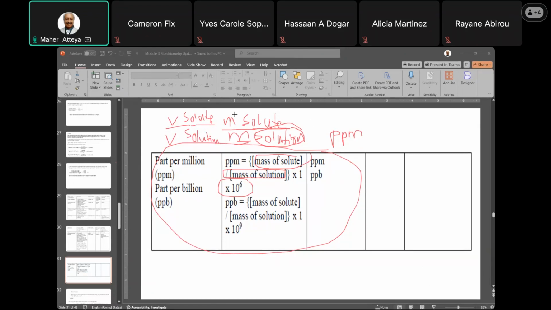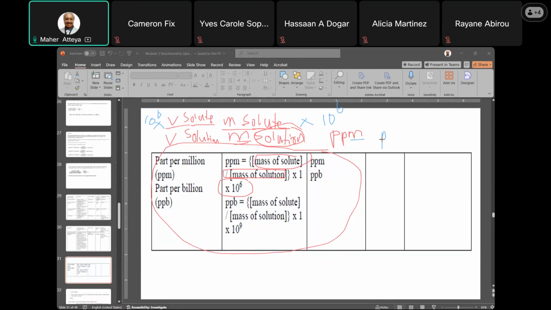The only thing here, let me add another color, is that you have to multiply this by 10 to the power 6, to put emphasis that it's about a million. If you are talking about billion, 10 to the power 9. That's part per million.